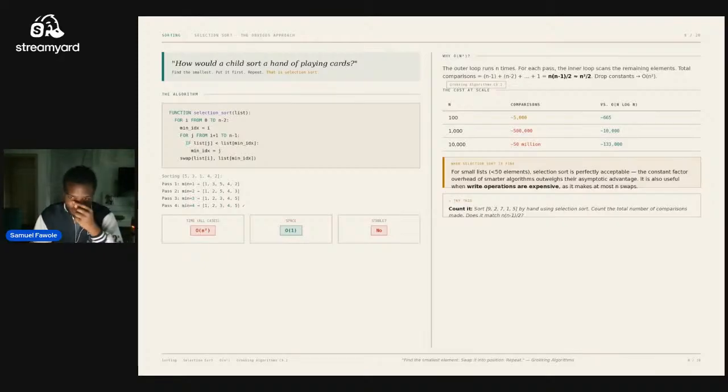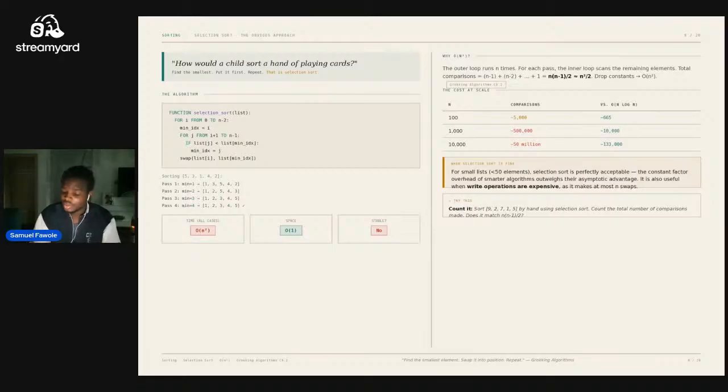And so the outer loop runs n times. For each pass, the inner loop scans the remaining elements, right? So which is n times, and the inner one runs n minus 1 times. And then what will I even call it? Summation of a, is it a sequence or a series now?